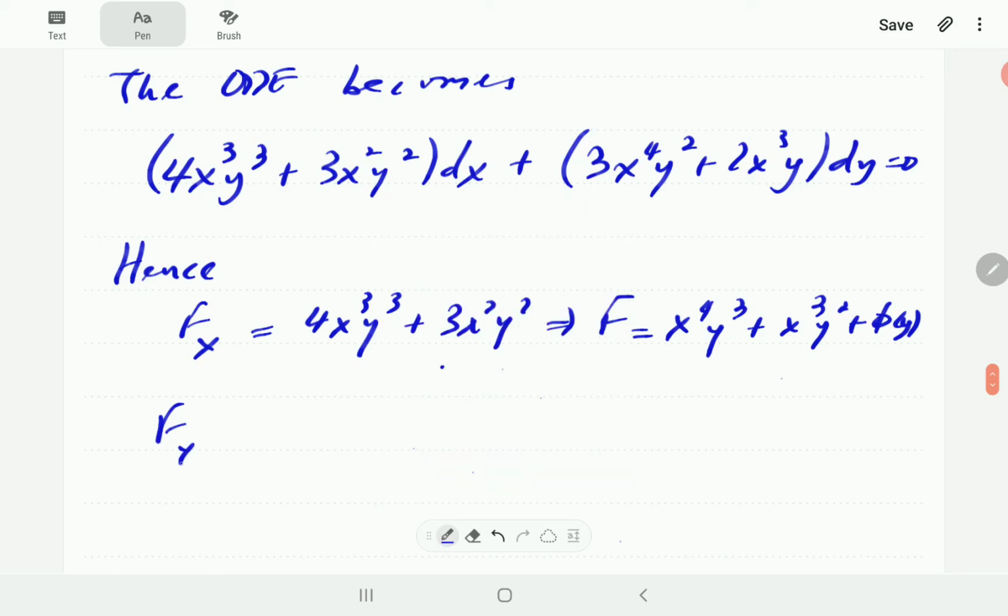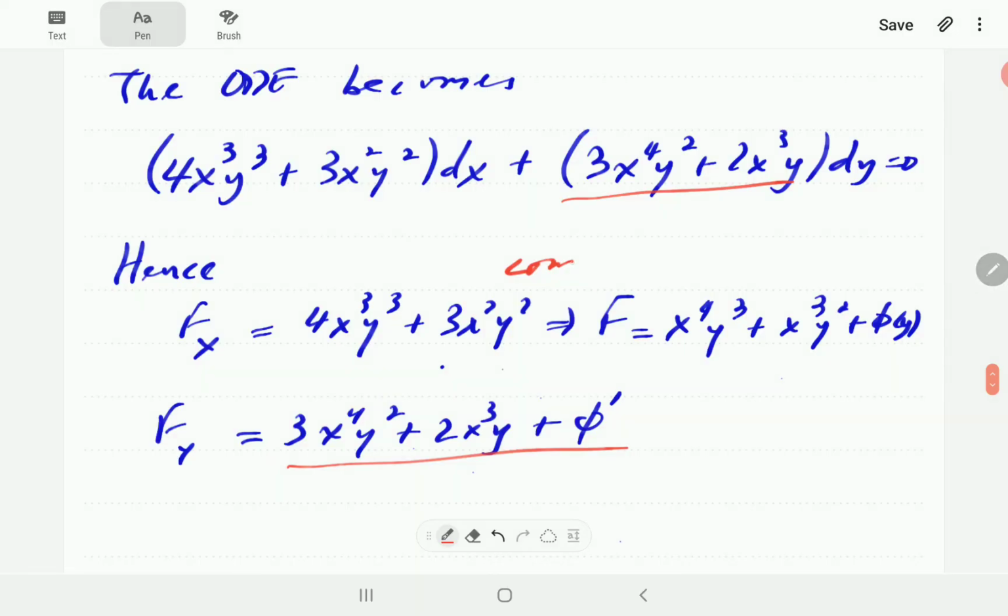Okay, then if we differentiate this now with respect to y, it's going to give us 3x^4 y^2 + 2x^3 y + phi prime. Then we're going to compare this with that.